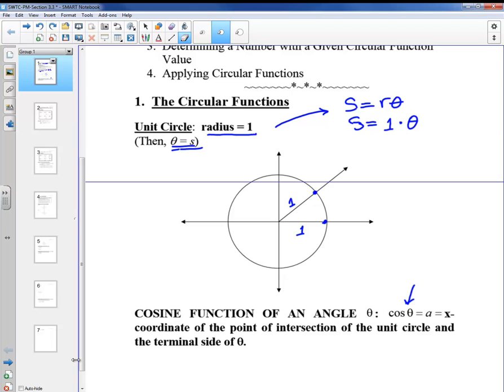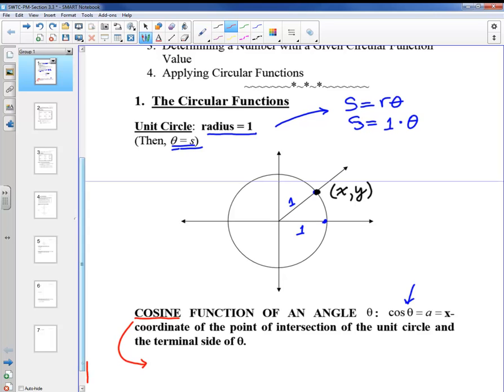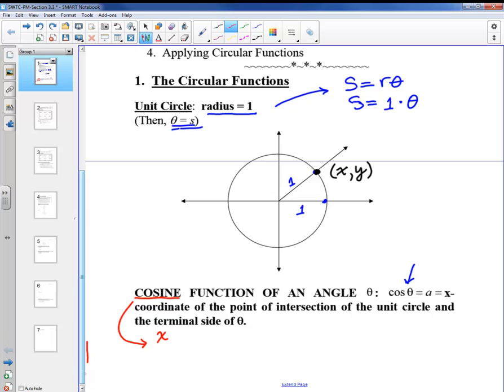Now, the interesting thing here is that this point of intersection we call X and Y. And in the past, when we looked at cosine, we knew that that was X over the radius. But now, that radius is 1, so you have X over 1.